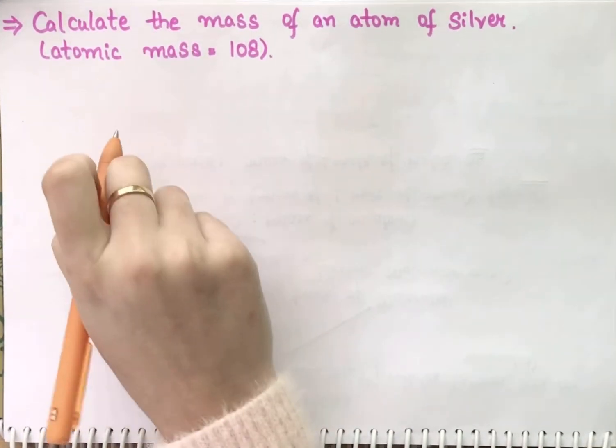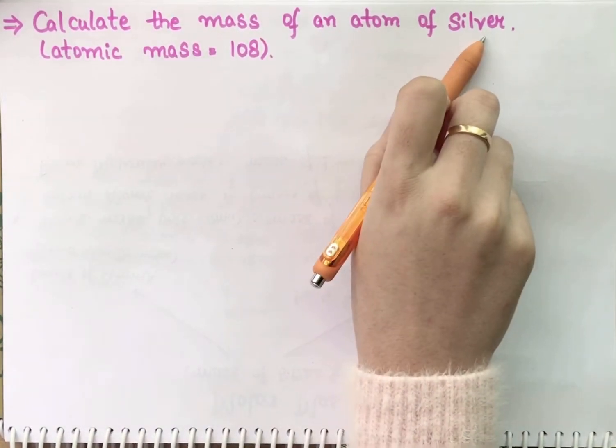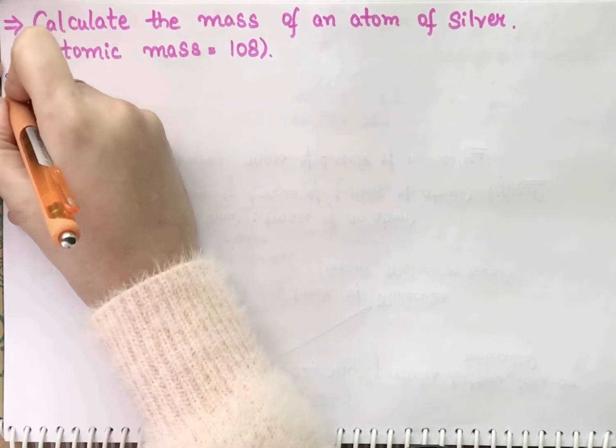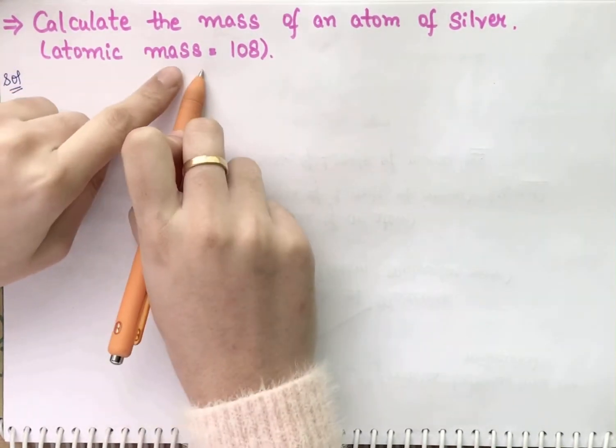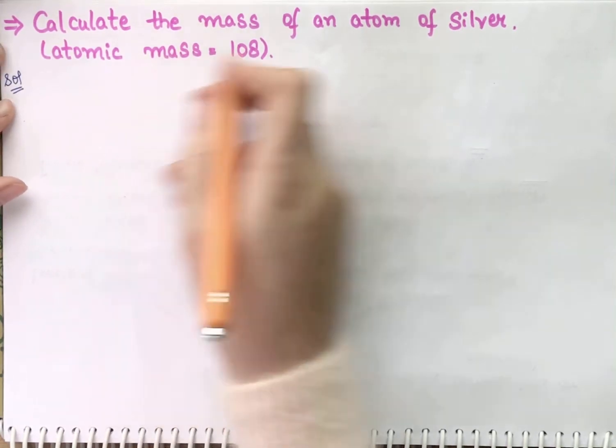So student, in this problem, they are asking you to find the mass of an atom of silver. Okay, you have to find the mass of 1 atom of silver. You are having atomic mass. That means this is the mass of 1 mole of silver atoms.